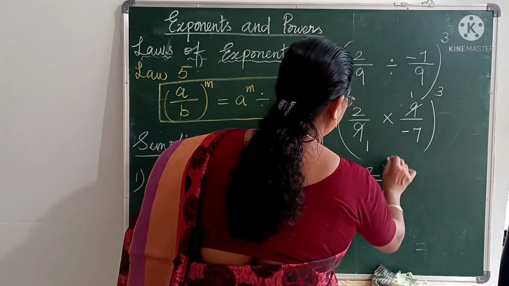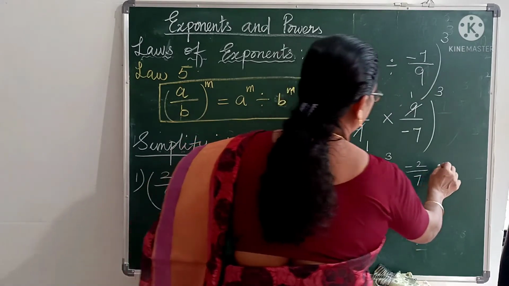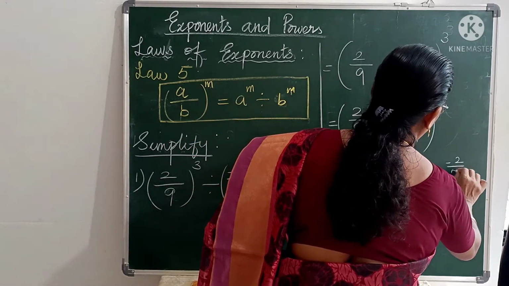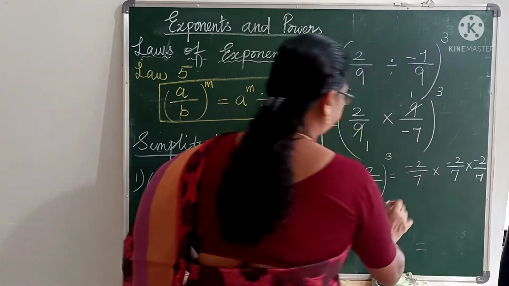The whole power 3. That means minus 2 upon 7 into minus 2 upon 7 into minus 2 upon 7.